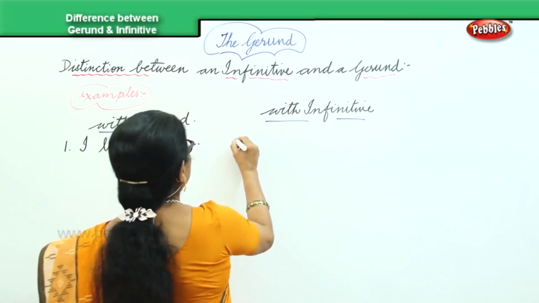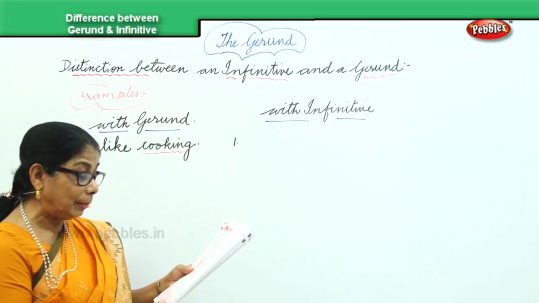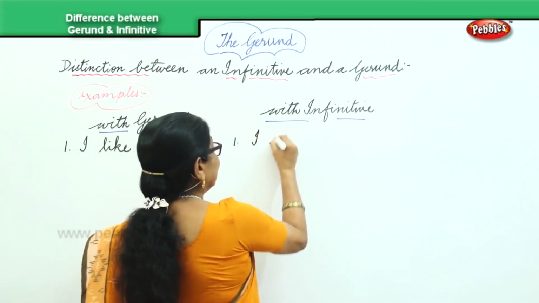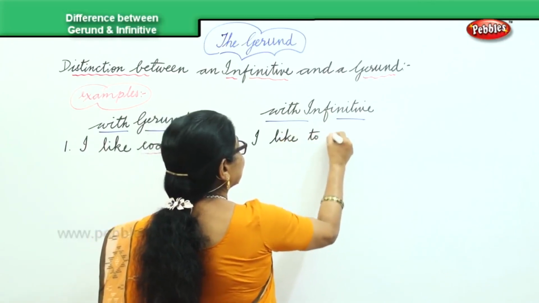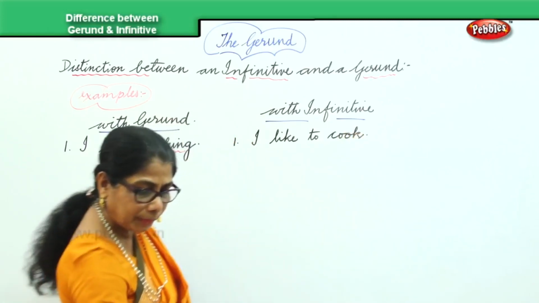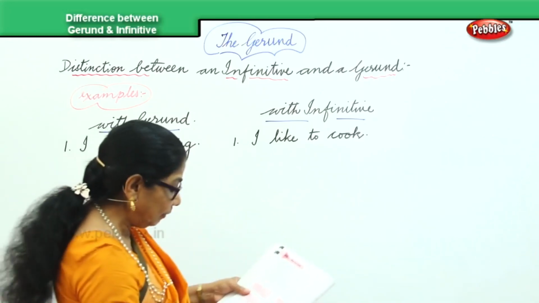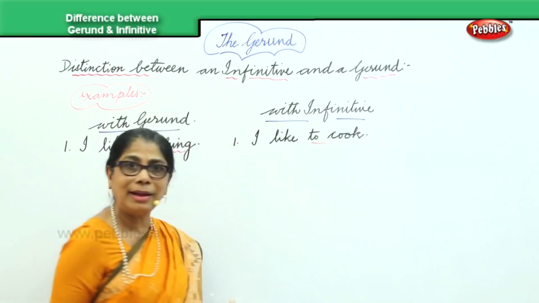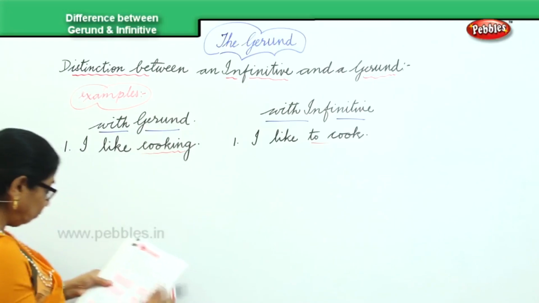So here, I like cooking, but with the infinitive, the example will be "I like to cook." See the difference. With the gerund we say "I like cooking," and with the infinitive you say "I like to cook." You add "to."